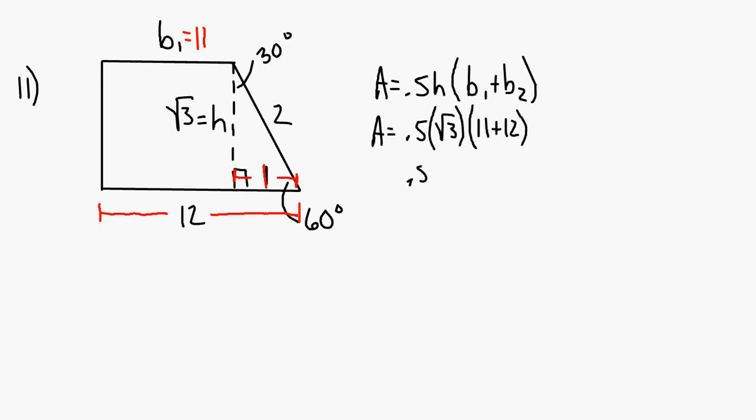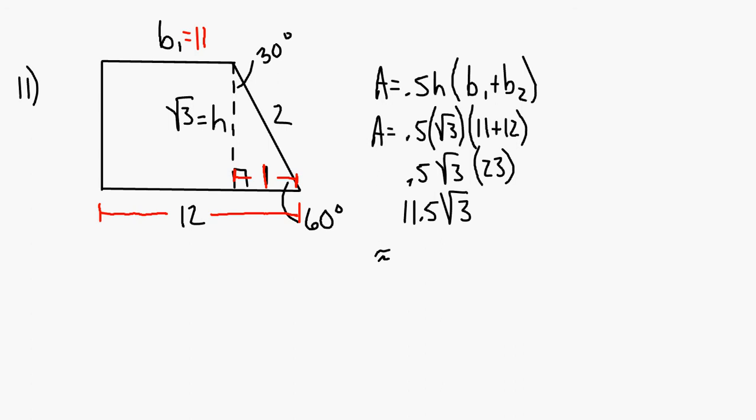So that's 0.5 times the square root of 3 times 23. I think if they asked for it in simplest radical form, you would take 0.5 times 23, and you get 11.5 times the square root of 3.